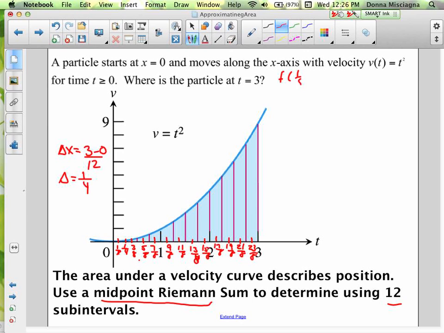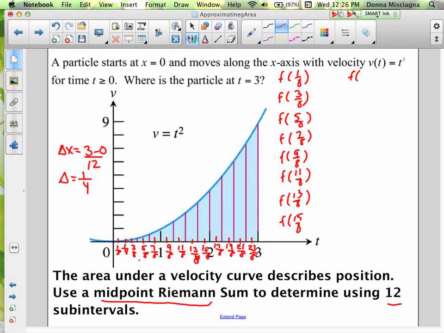So we have f of 1/8, f of 3/8, f of 5/8, f of 7/8, f of 9/8, f of 11/8, f of 13/8, f of 15/8, f of 17/8, f of 19/8, f of 21/8, and f of 23/8.